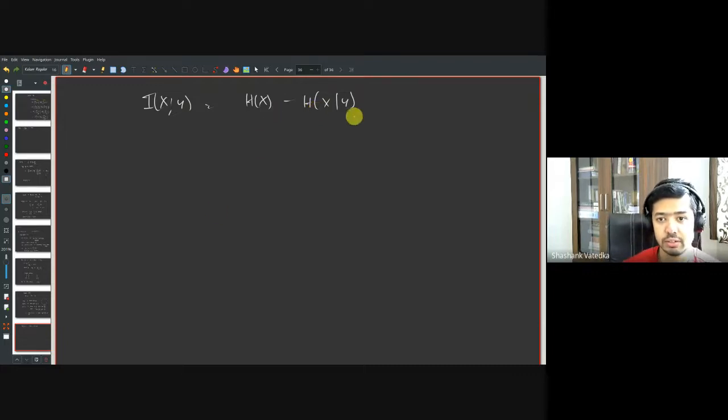So this is the correct formula for the mutual information. Now this is concave in Px. But at the outset it is not clear whether this is a convex or a concave function in Px, right? Because it depends on Px given Y.